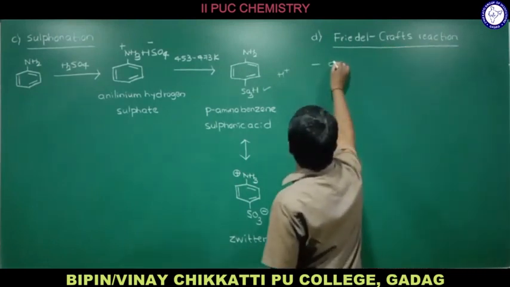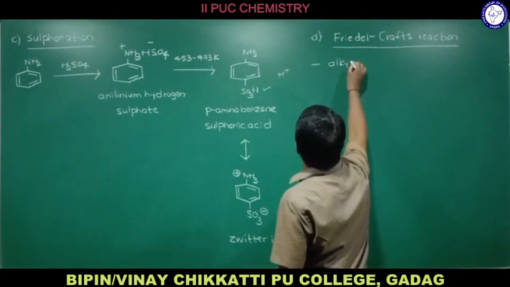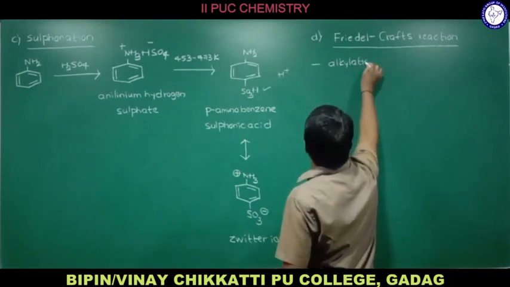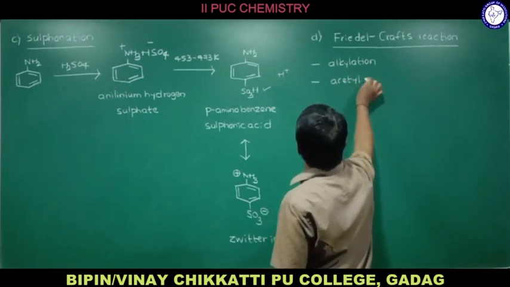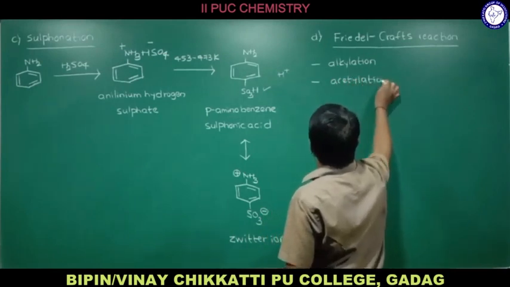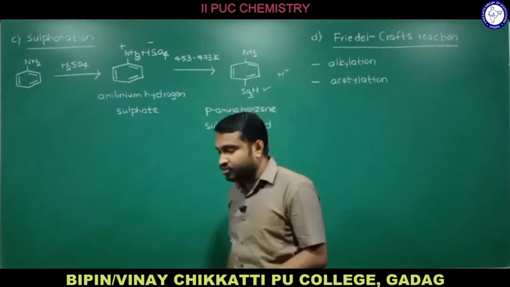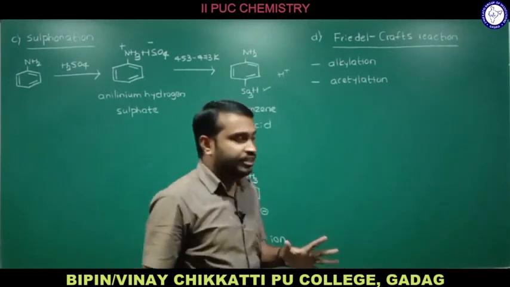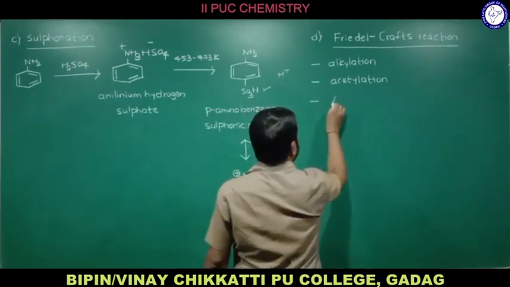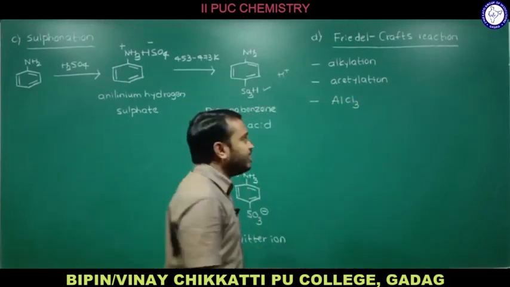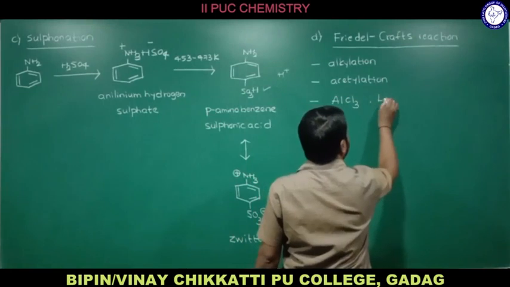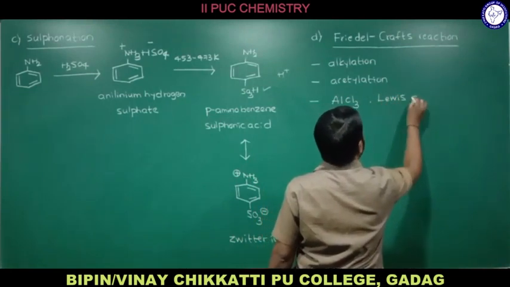In case of the Friedel-Crafts reaction, we may carry out the alkylation reaction, and we can carry out the acylation reaction also. Do you remember, in a Friedel-Crafts reaction we use one species as a catalyst, and the catalyst is AlCl3, aluminum chloride, which is a Lewis acid.